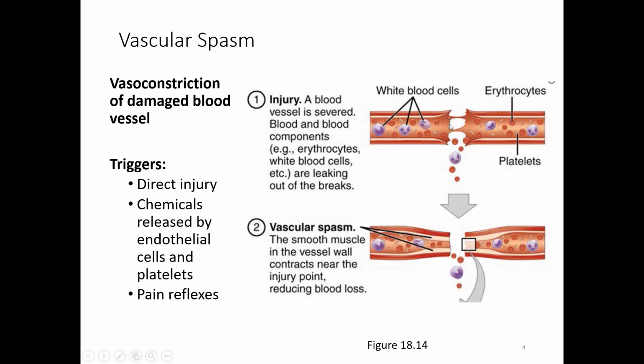The cells in those tissues were injured, and those injured cells release special chemicals that cause vascular spasm. It means smooth muscles of the walls of the blood vessels contract and make the diameter of the blood vessel smaller, and that reduces blood loss. But it's still not enough to stop bleeding.